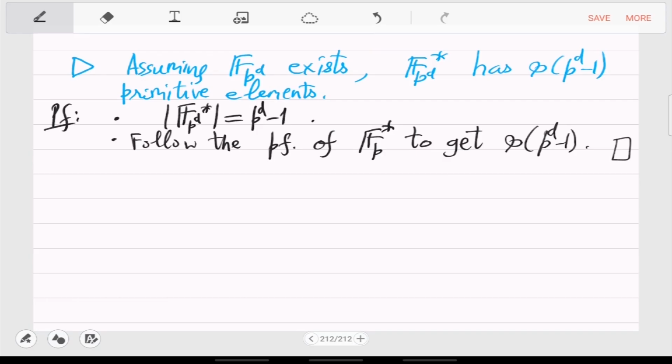Okay, so in particular what this means is, I should have said this before. There is also this property that for all A in Fp^d star, what can you say about A to the p to the d?